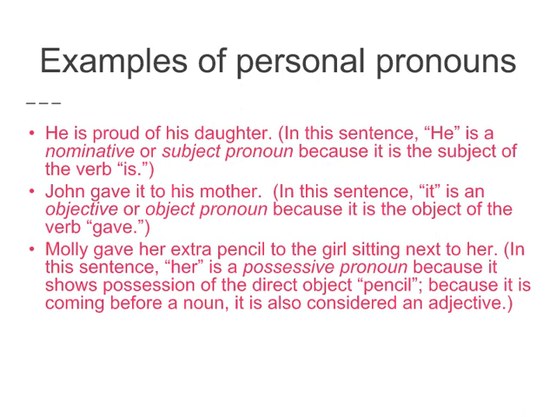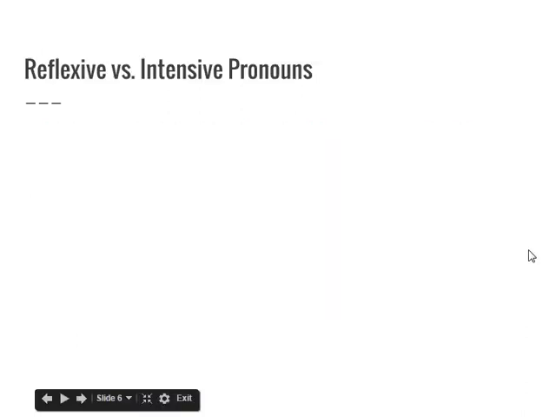And as we said in the definition, his in this first sentence is also considered an adjective because it's coming before a noun, daughter, and it's describing or modifying it. Same in the second sentence, John gave it to his mother. His is a possessive pronoun, an adjective modifying mother. So those are the three types of personal pronouns.